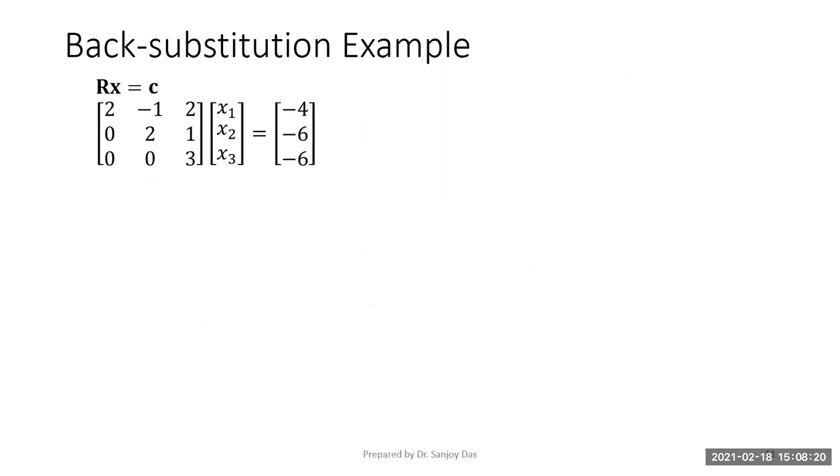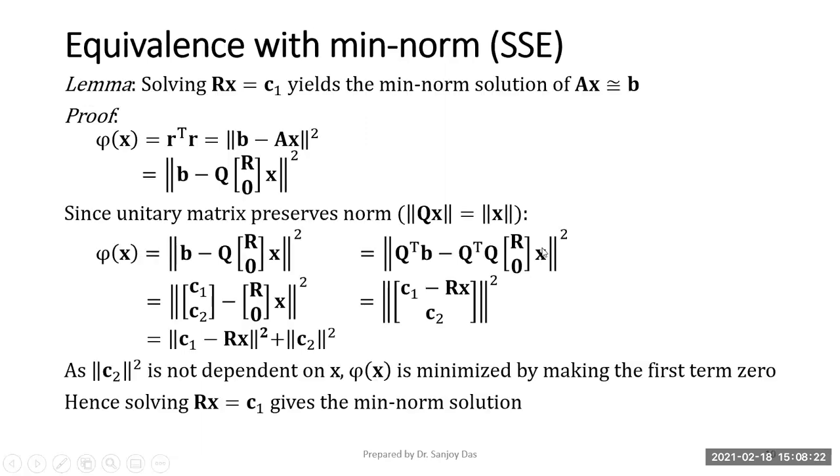Now, we'll go to back substitution. So how do we solve an expression like this where R is upper triangular or lower triangular? Any A here, if this A is lower triangular or upper triangular, then solving simultaneous equations like this is very easy.